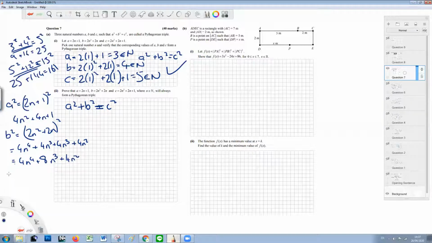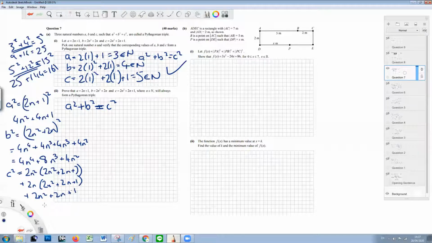And then c squared is going to be 2n squared by (2n squared plus 2n plus 1), plus 2n by (2n squared plus 2n plus 1), and then plus 2n squared plus 2n plus 1.